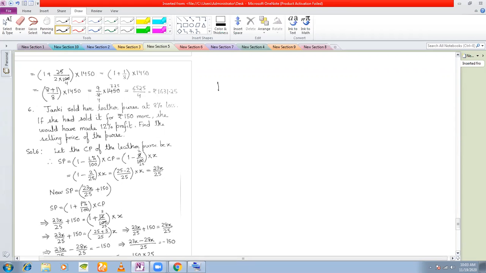So first of all, I assume let the cost price of the purse be X. Therefore, she's selling it at 8% loss. So the selling price at 8% loss will be 1 minus loss percent by 100 into cost price.